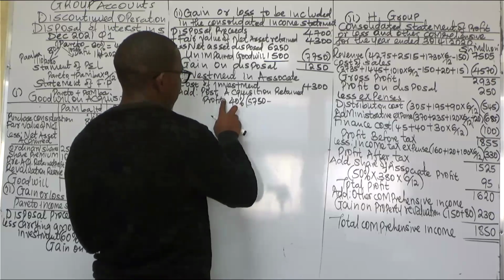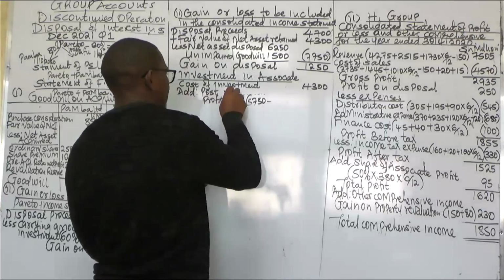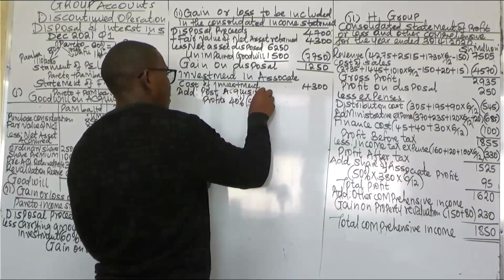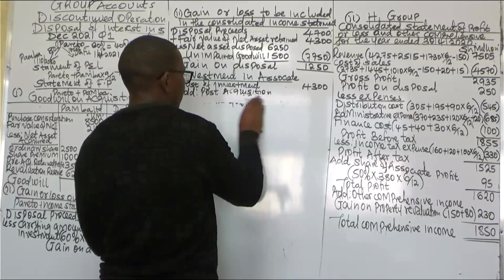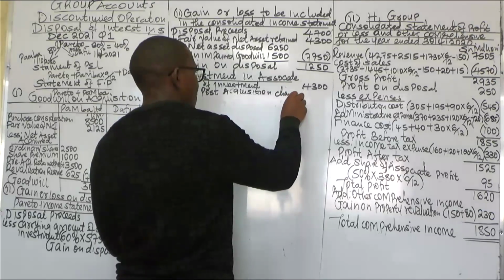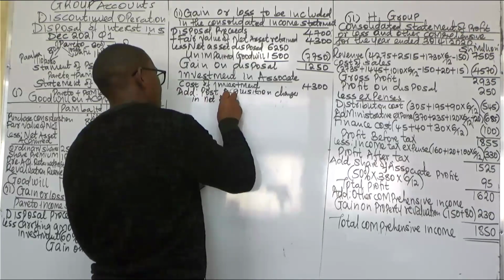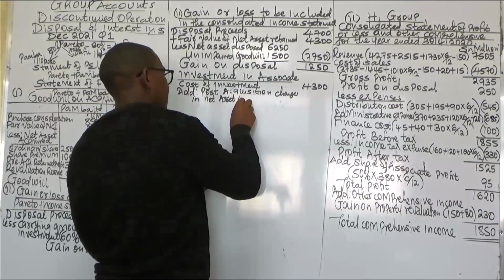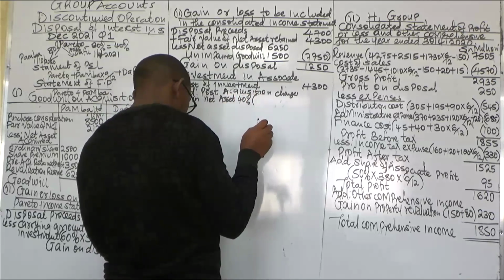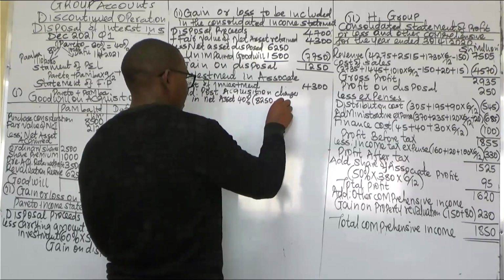Because this one we add the post-acquisition changes in net assets. So this will be just 40%. I need to know the total net assets here. They were 8,250 as at the year end.